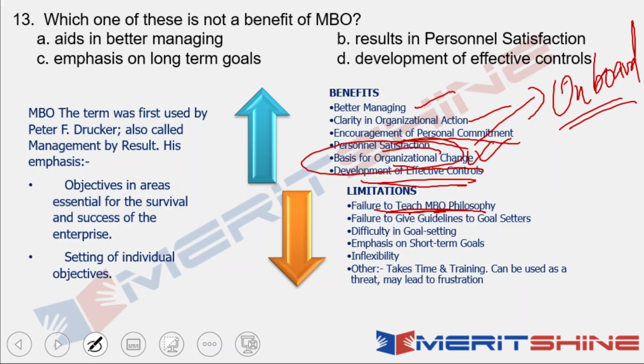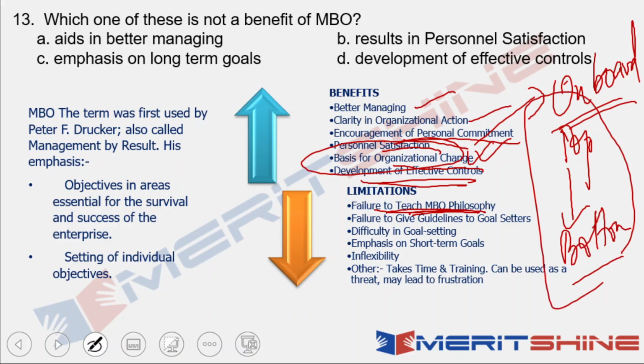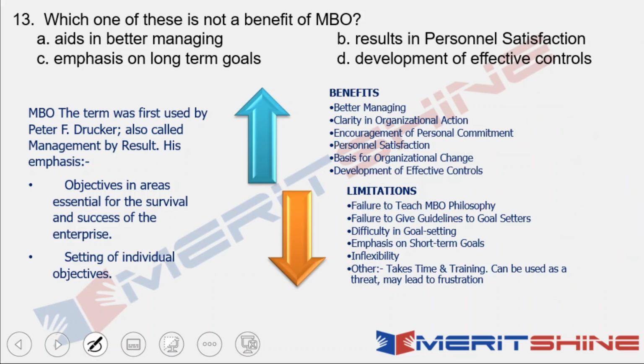Failure to teach MBO philosophy. MBO is something where from the top management till the bottom management, everyone should be aware of what is the organization objective, what is their objective. Now that's not very easy to do, right? So teaching MBO philosophy is also very difficult to do. Failure to give guidelines to goal setters.